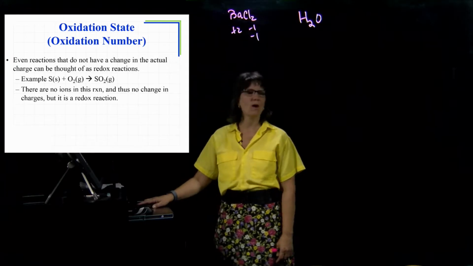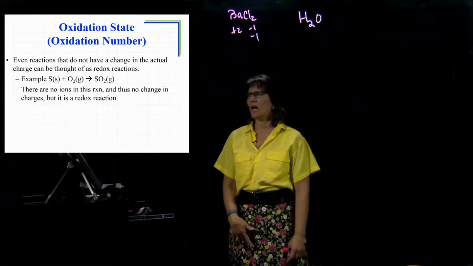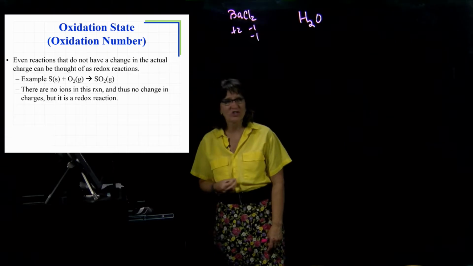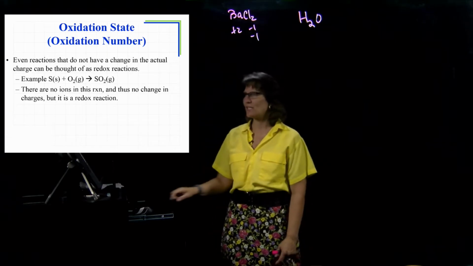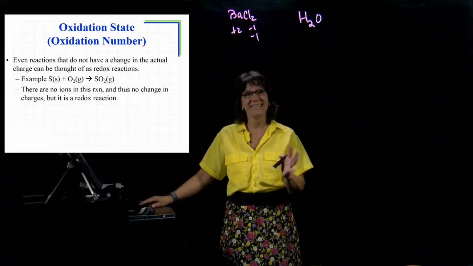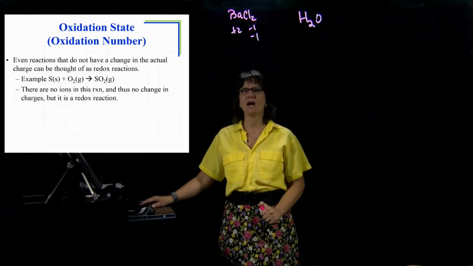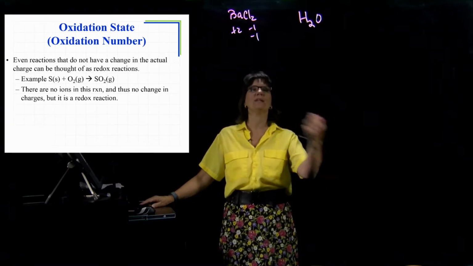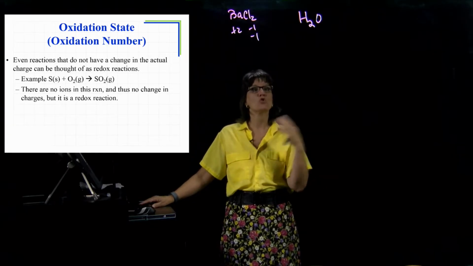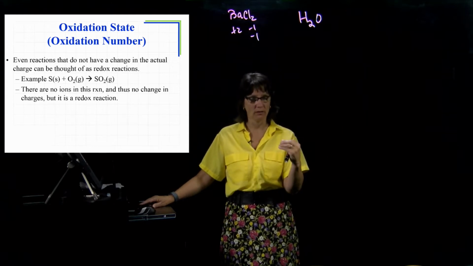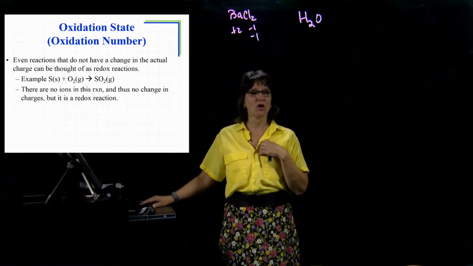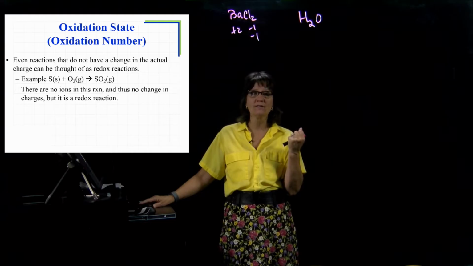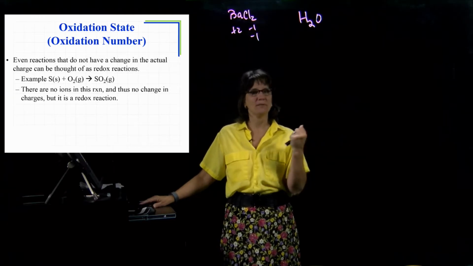So there are no ions in this reaction, and therefore no charge change, but there still is a transfer of electrons in a sense. It's not a complete transfer where something completely takes on electrons, but it's a transfer to the point of sharing. If you didn't have electrons and now you're sharing electrons, in a sense you are accepting electrons.